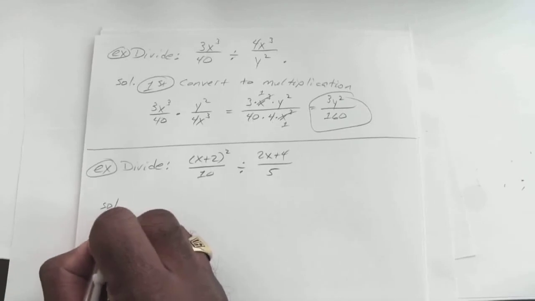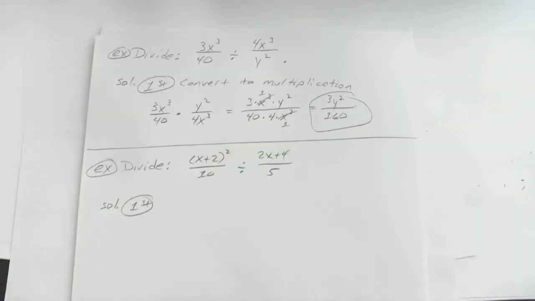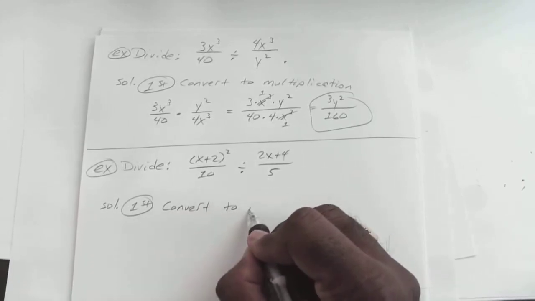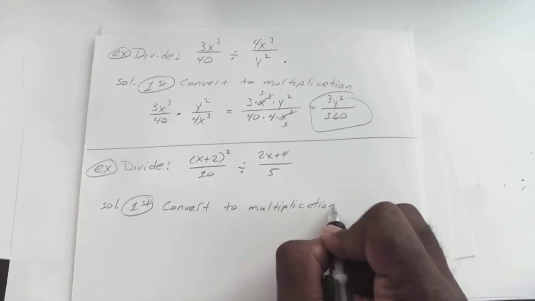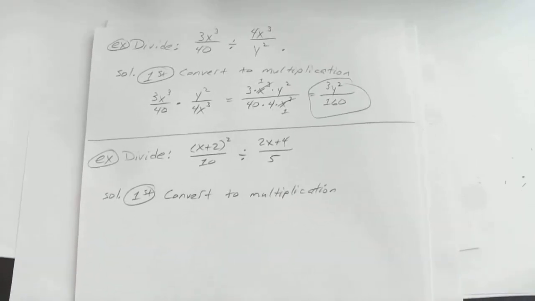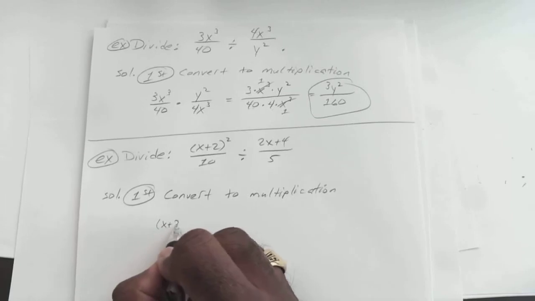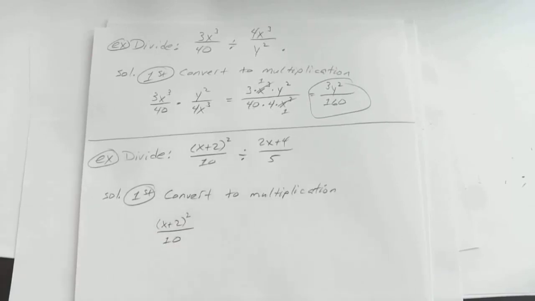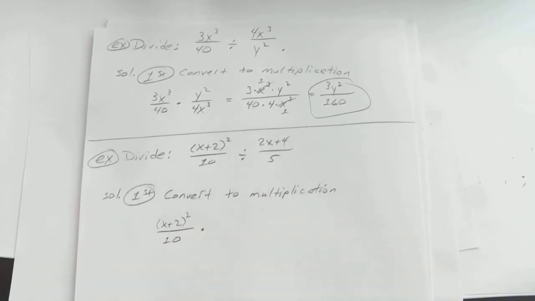Just like before, first thing you want to do, convert it to multiplication. So we write down our first fraction, x plus 2 squared over 10. Change division to multiplication, and then we just flip the second.